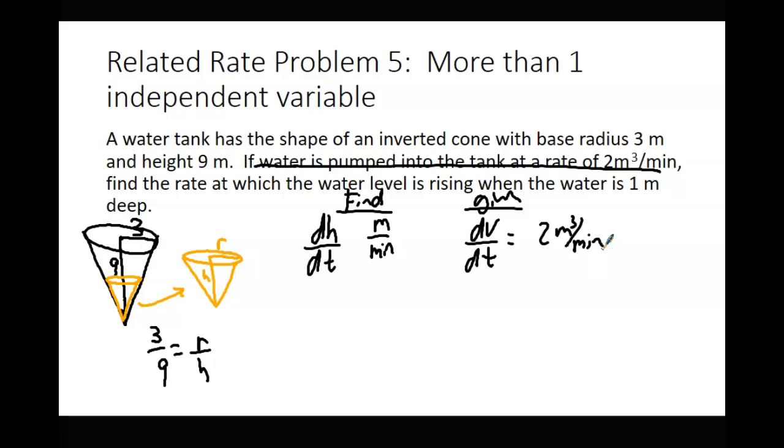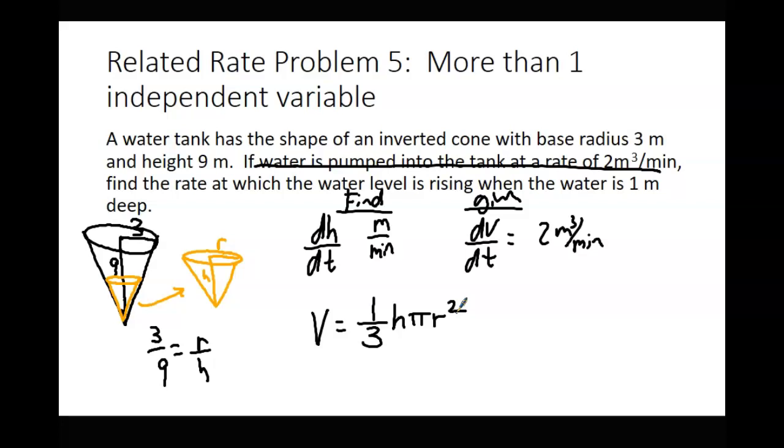Okay, so I need a formula that connects the volume of a cone to the height of a cone. What would that be? V equals 1/3 pi r squared times height. There you go. And we can replace the r with 1/3 h. You got it.